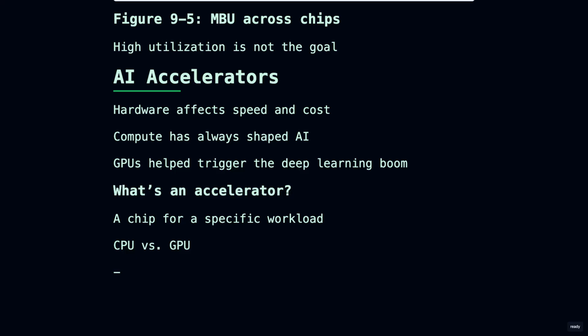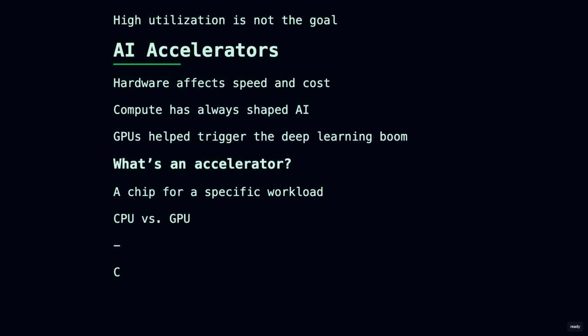CPUs handle a wide range of jobs well, especially ones that need strong single-thread performance. A CPU usually has a relatively small number of strong cores. That makes it ideal for the operating system, I/O, and other sequential control tasks.